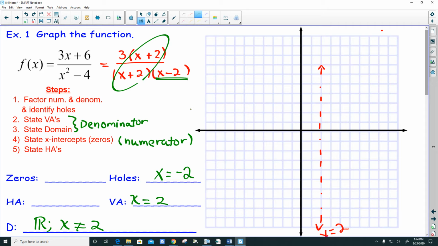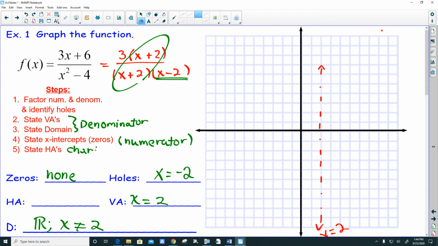Well, the x plus 2 has been used up as a whole. The only other factor that's in the numerator is a 3, but that doesn't have any variables with it. And so in this example, we would simply say that there are none. There are no x-intercepts to this graph, so it's not going to cross the x-axis at all.